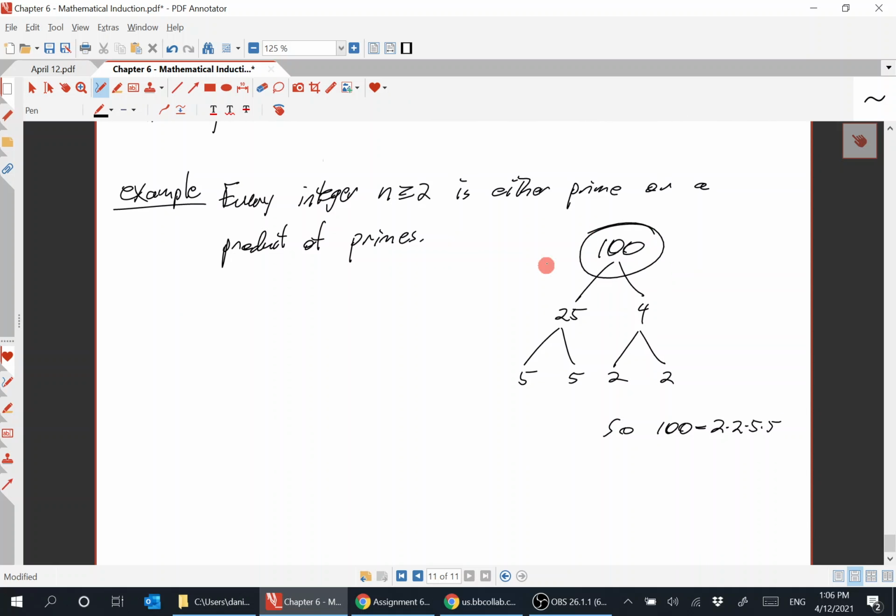Anyway, the fact that 100 can be written as a product of primes follows not from the fact that 99 can be written as a product of primes.